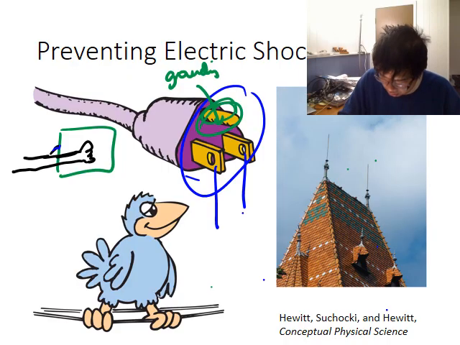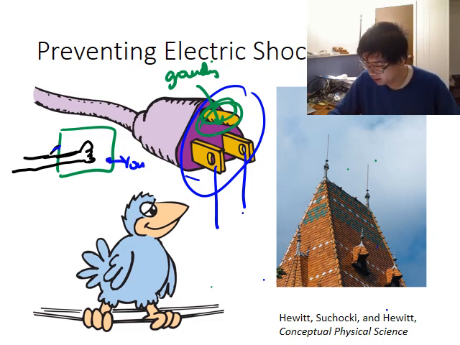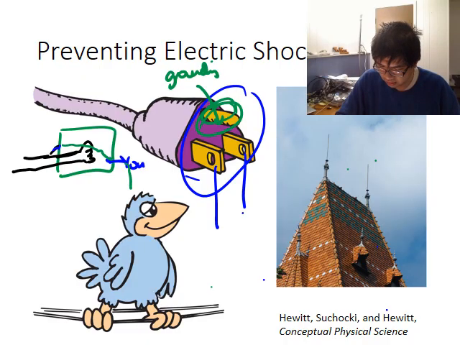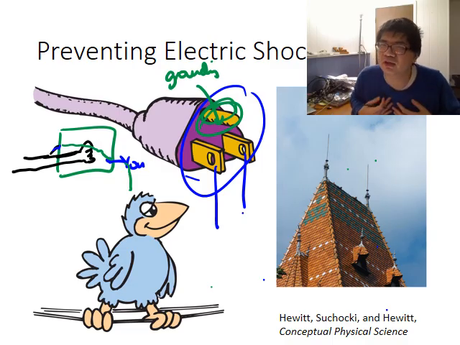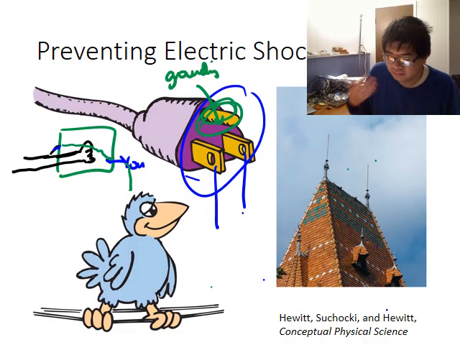Until you touch the case. Now, this is a low resistance path between you and the ground. What's going to happen? You become the conductor, current goes through you, and you get an electric shock.